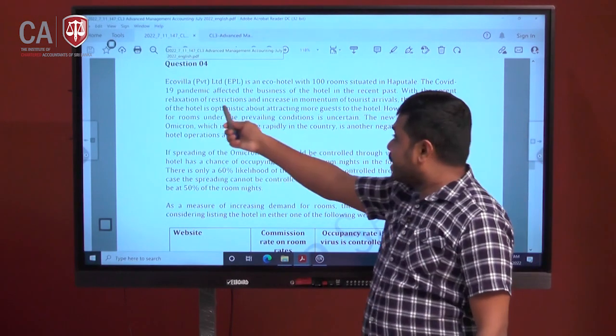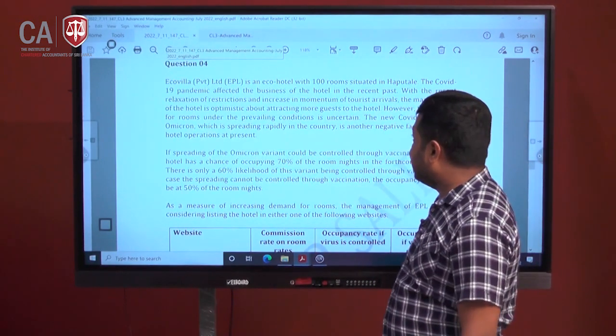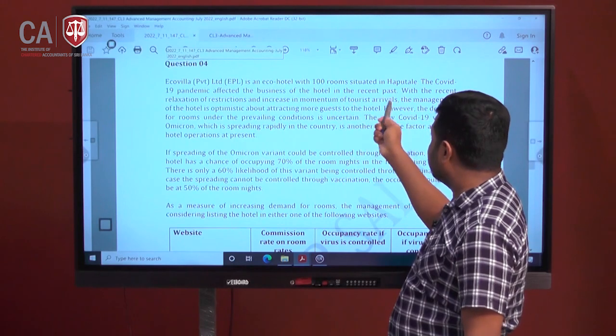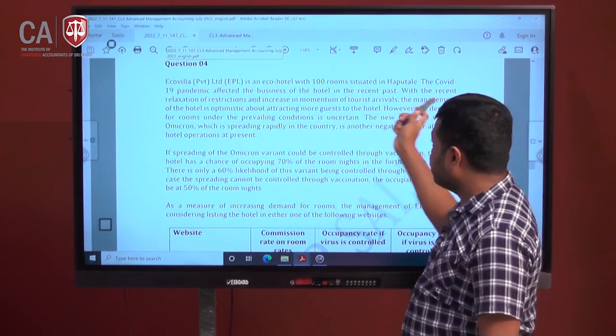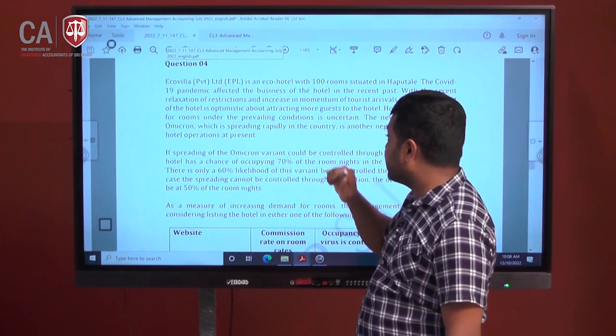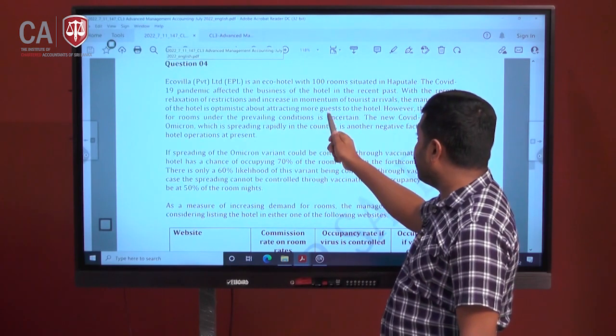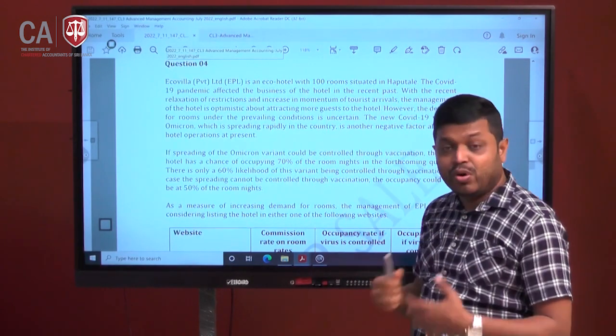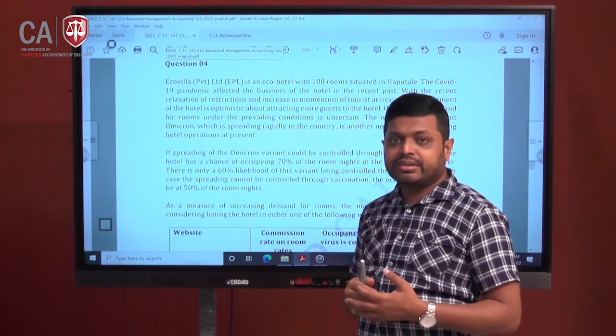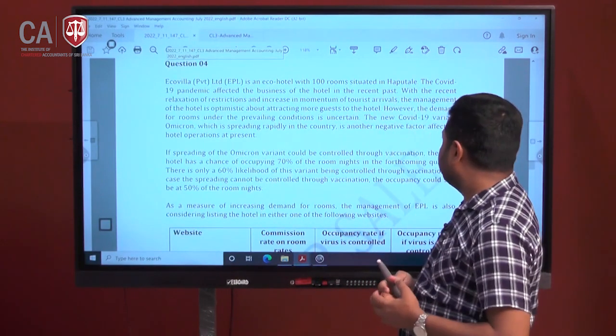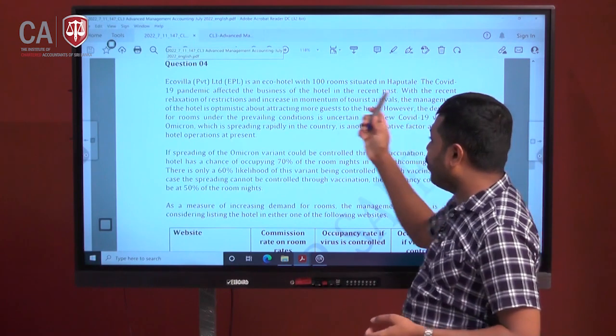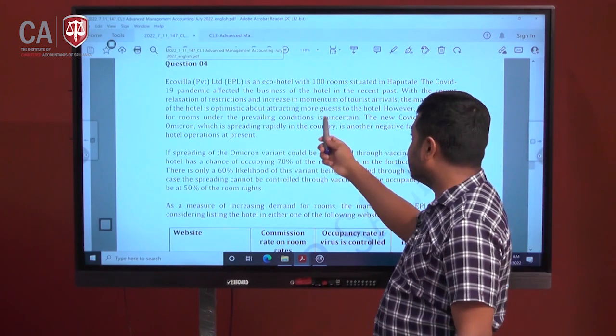With the recent relaxation of restrictions and increase in momentum of tourist arrivals, the management of the hotel is optimistic about attracting more guests to the hotel. However, the demand for rooms under the prevailing condition is uncertain.